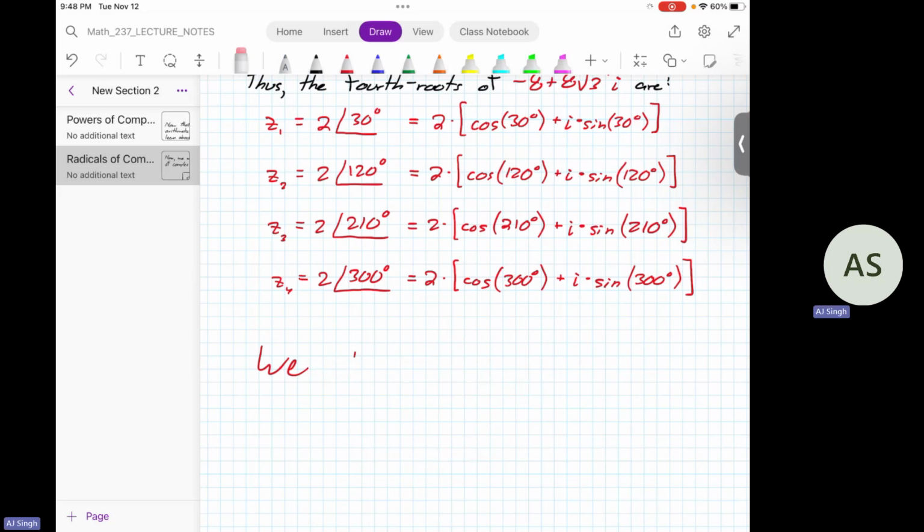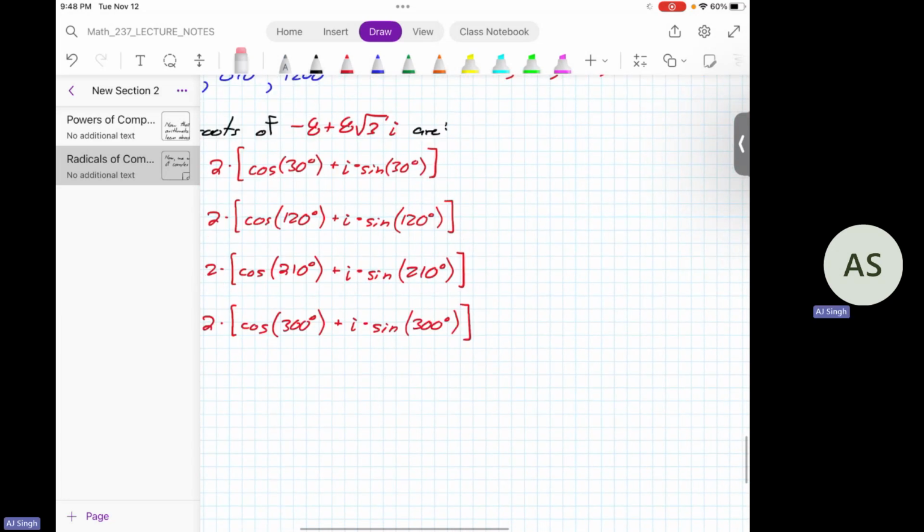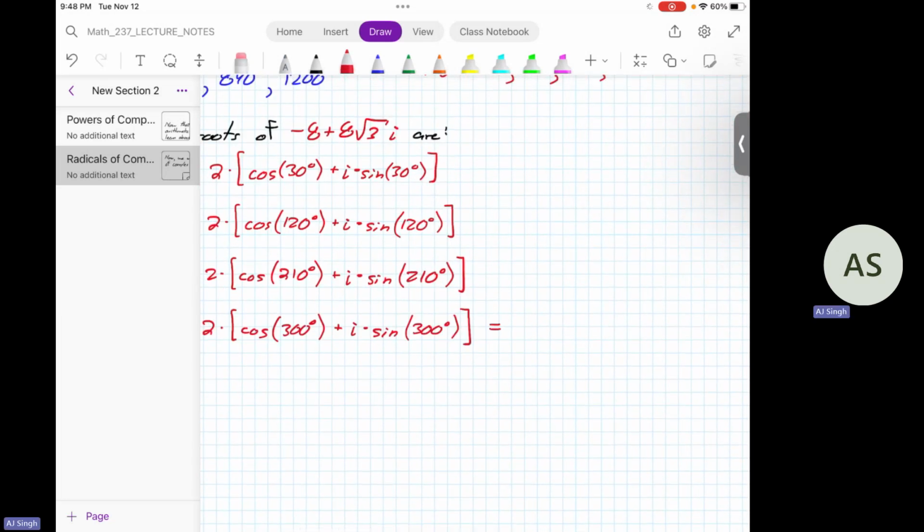But anyway, so you have to use your trig knowledge to figure out all of this stuff. What is this? Cos 30, sine 60, root 3 over 2. Sine of 30 is a half.